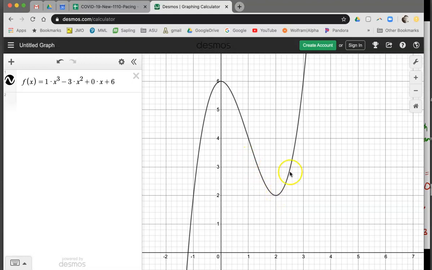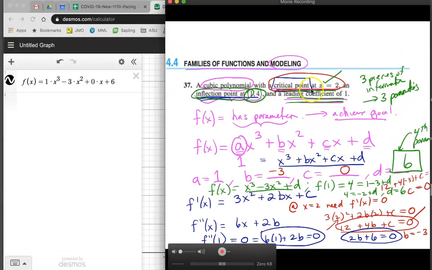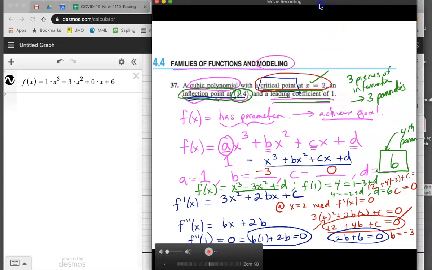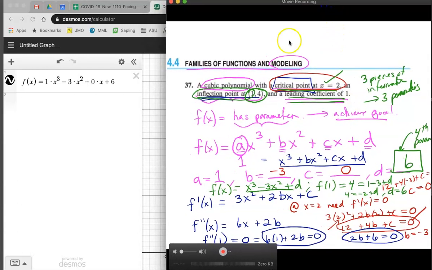So we can see that we do have an inflection point at x equals 1, and (1, 4) is the point where it occurs. And our leading coefficient is 1. So here is the function that fits all the pieces of information given, and we have done a parameter identification problem.